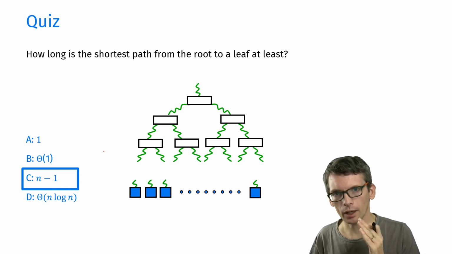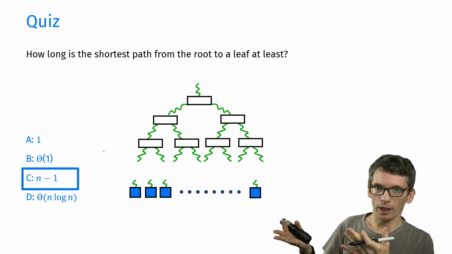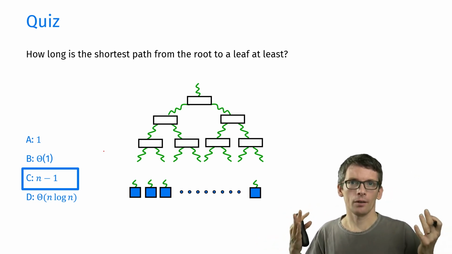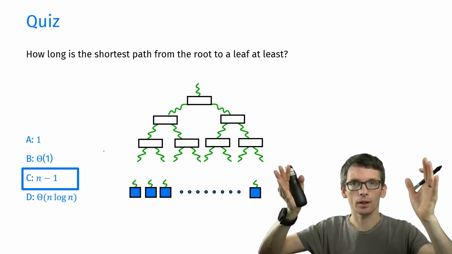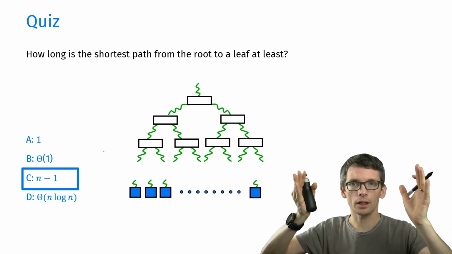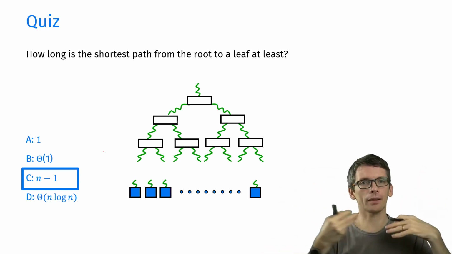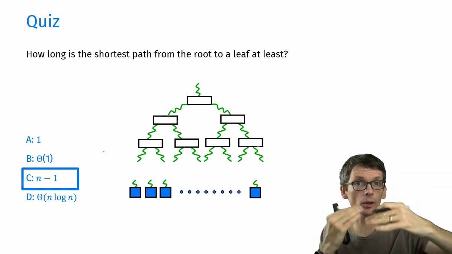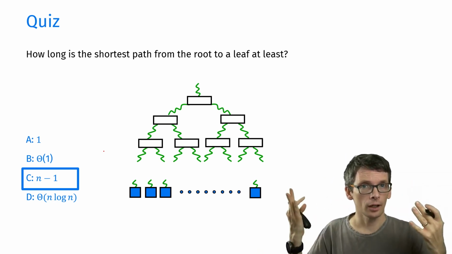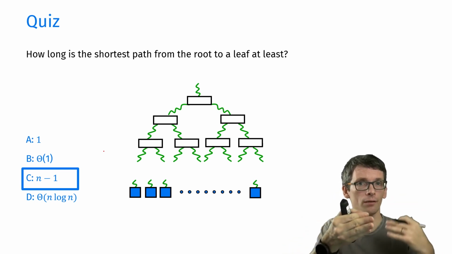So 1 and constant is too little, and n log n is too much, because of course you can do it with n minus 1 comparisons. For a sequence of numbers that is already sorted, you just check whether it is sorted and then finish. So that would be n minus 1. This is about the shortest path, not about the longest path. So for instance, with insertion sort, you can have a very short path, you just also have a very long path.